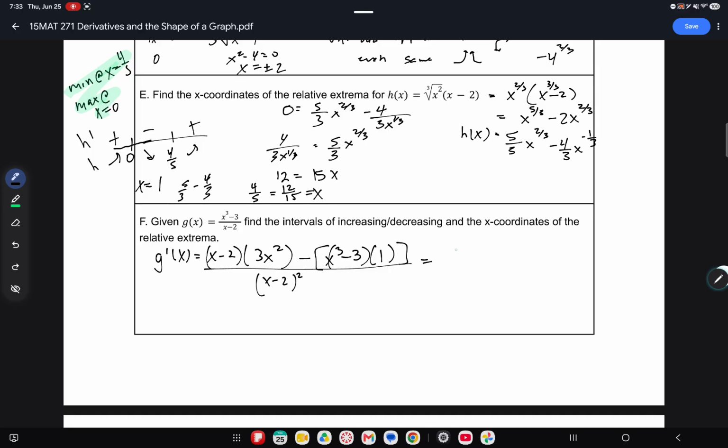And then we'll clean it up. It's going to give me 3x cubed minus 6x squared minus x cubed plus 3, all over (x minus 2) squared. I think I can combine more like terms. So 2x cubed minus 6x squared plus 3.